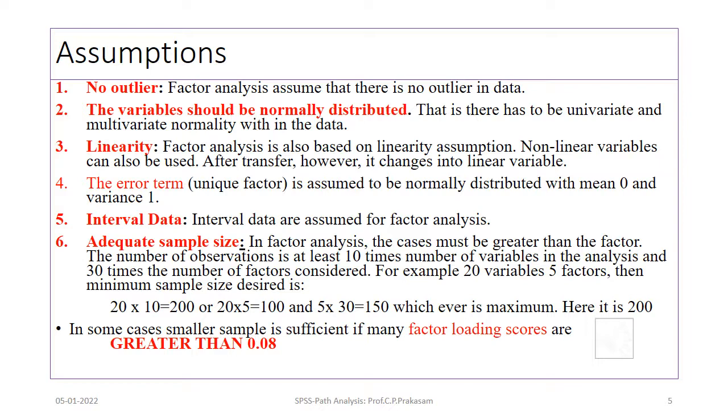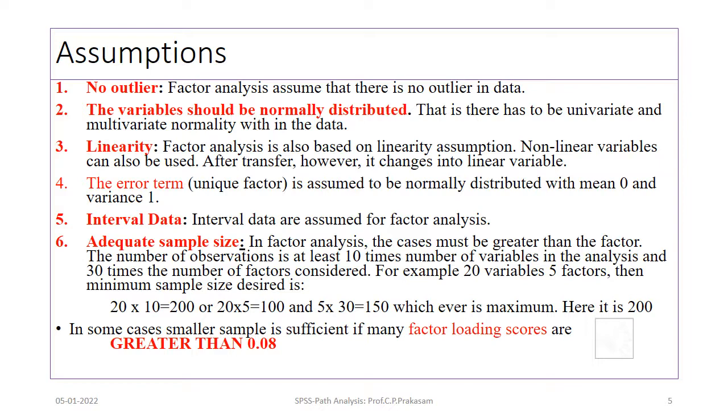Linearity: factor analysis is also based on a linearity assumption. Non-linear variables can also be used, but only after a proper transformation into linear variables. The error term, that is the unique factor, is assumed to be normally distributed with mean 0 and variance 1.